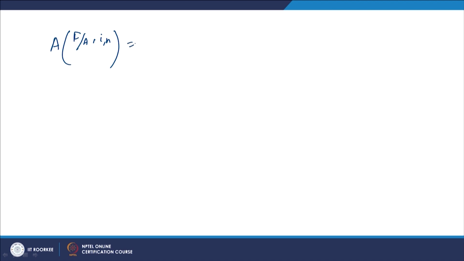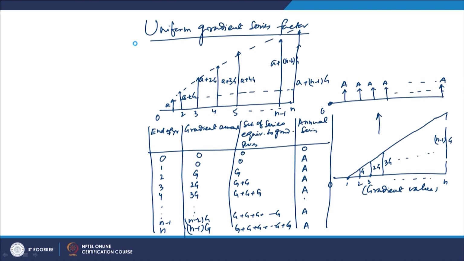Now, how should this be equated? What we see is that this is the value at this time. So, at this time if you look at this g, the first g is not adding any value. So, you have to simply add g. Now, if you come to these 2 g's, here the amount will be g into F by A, i, 2, because these are the two values, and you are getting these two year end values.